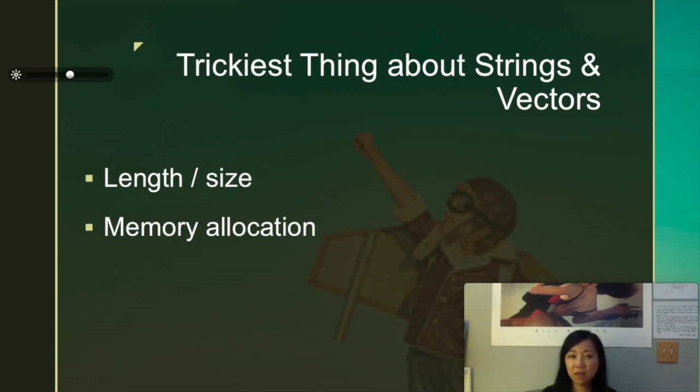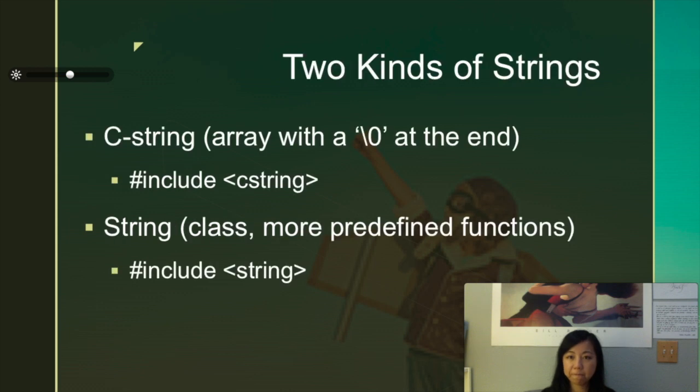But still, there will be occasions when you have to make sure that the memory allocated for them is okay. Also, when you debug, that might be one thing you want to think about. So just a warning.